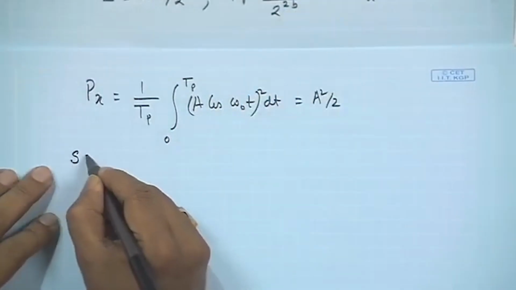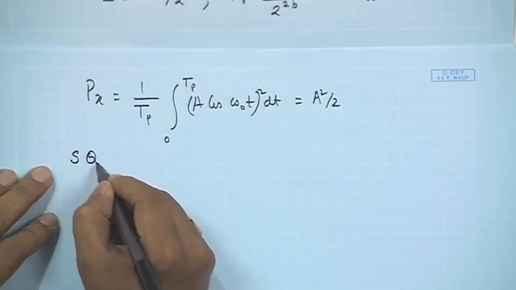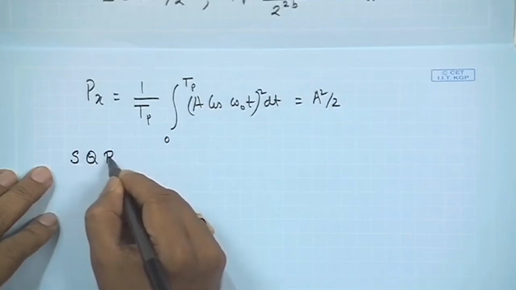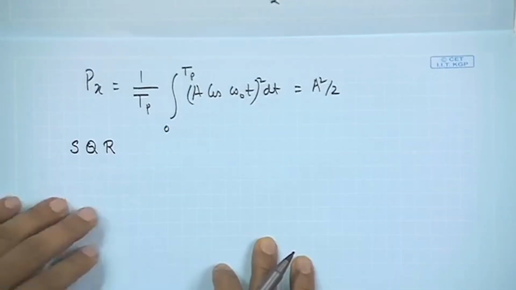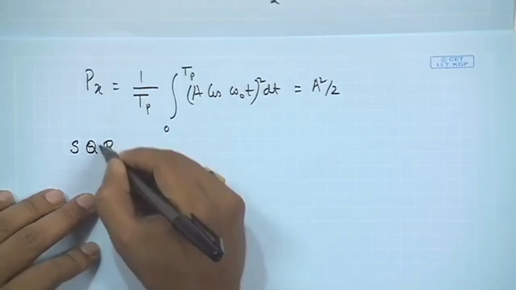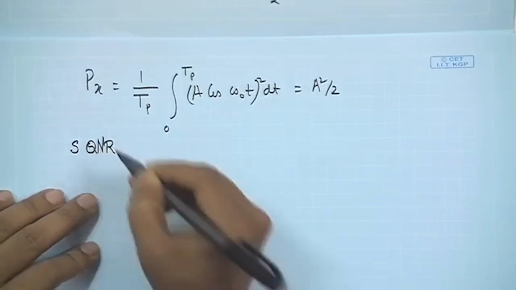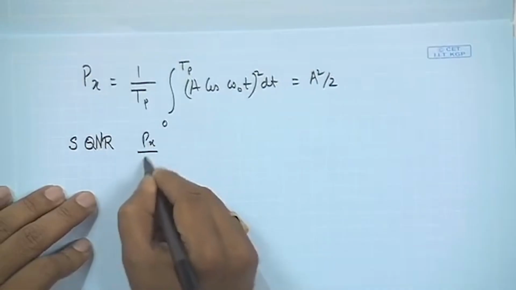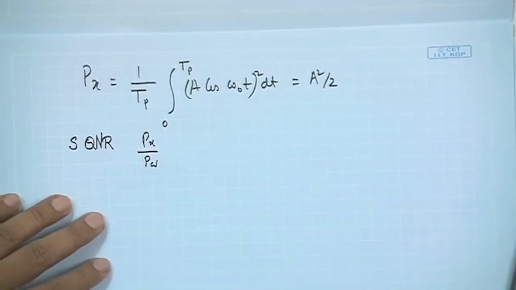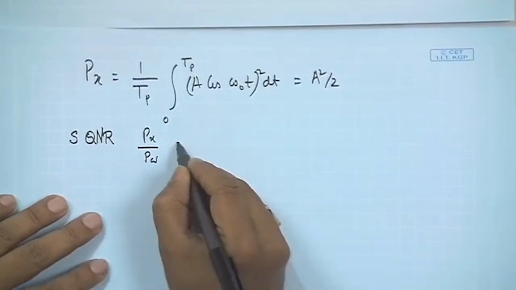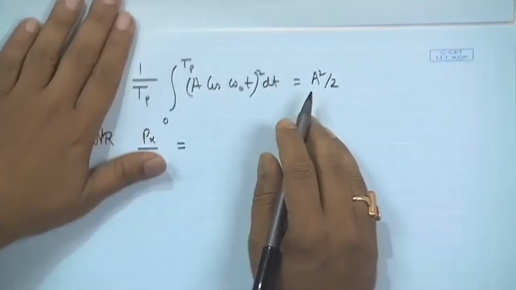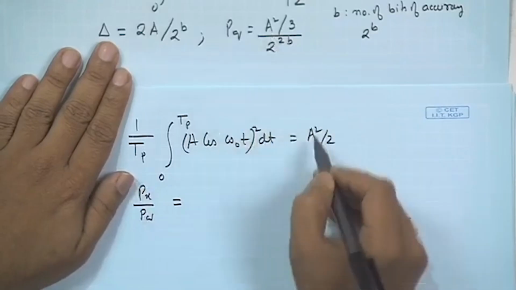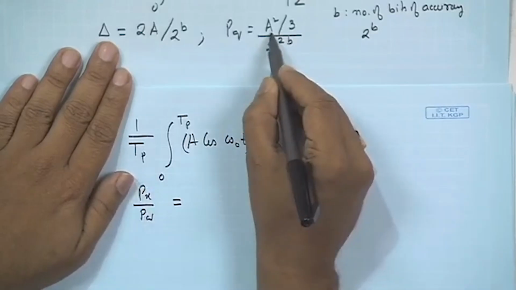So, we usually refer to a term known as signal to quantization noise ratio, which some people refer to as SQNR or SQR. The signal to quantization noise ratio is Px upon Pq, and you can calculate it using these two relationships: A squared upon 2 divided by A squared by 3.